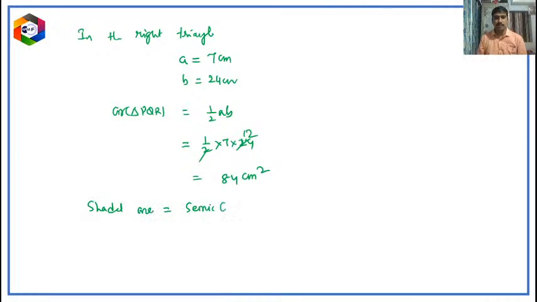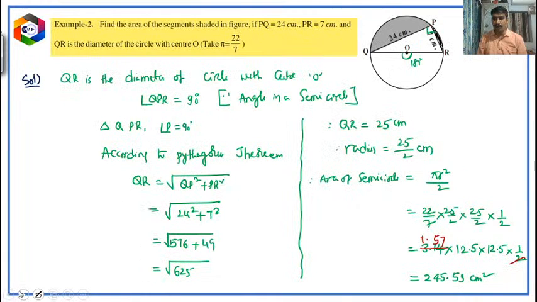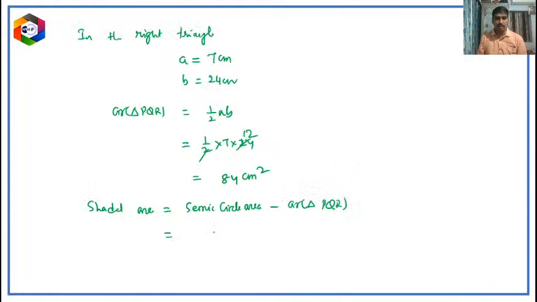semicircle area minus area of triangle PQR. As we already discussed, the semicircle value is 245.53. So 245.53 minus 84.